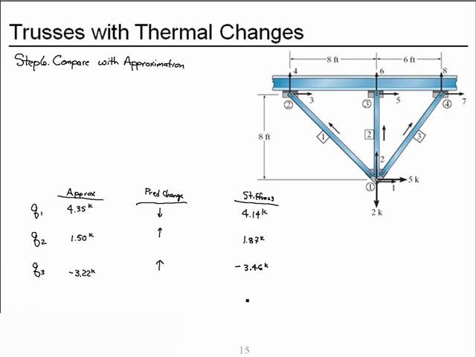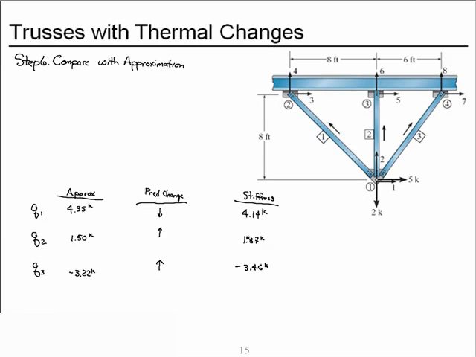And if we compare these results now, the magnitudes are actually very similar. Our stiffness results match the predicted changes. The stiffness result here is slightly smaller than our approximate result.